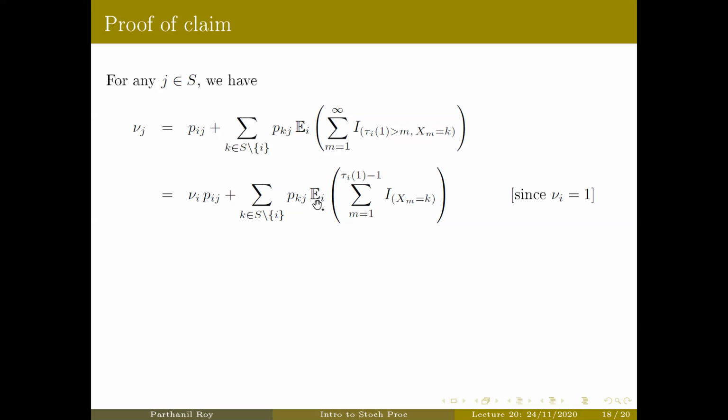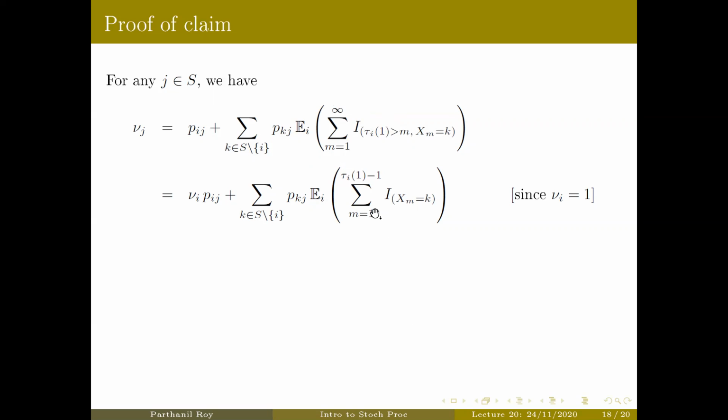And here we have p_{kj} times this quantity, which is just the sum of the same thing, except that instead of writing this, you write m equal to 1, 2, all the way up to τ_i1 minus 1. We have done this calculation before. So m equal to 1 to τ_i1 minus 1 is essentially m equal to 1 to infinity with an extra indicator that m is strictly less than τ_i1. So these two quantities are the same.